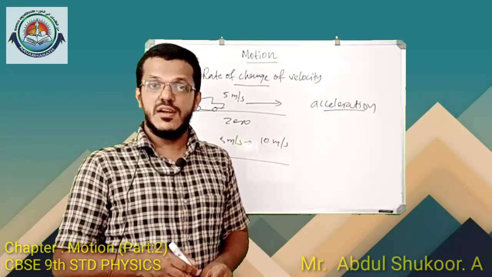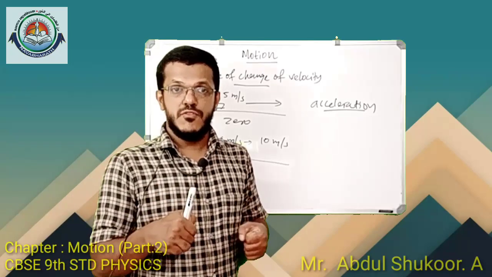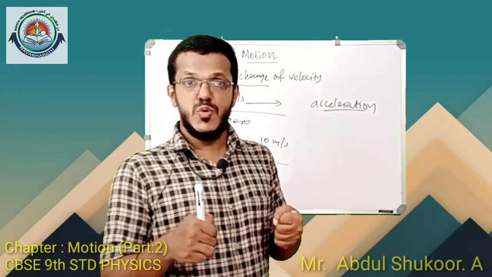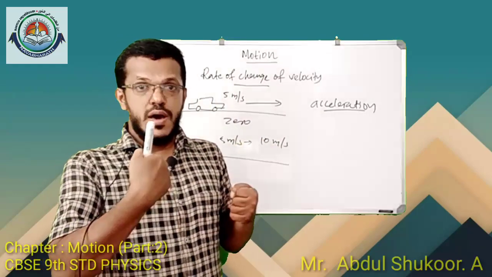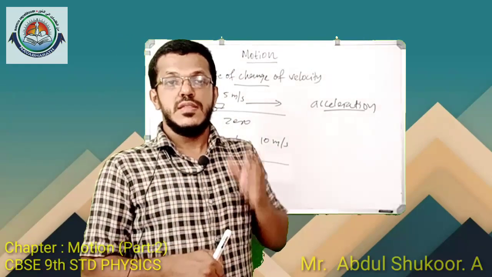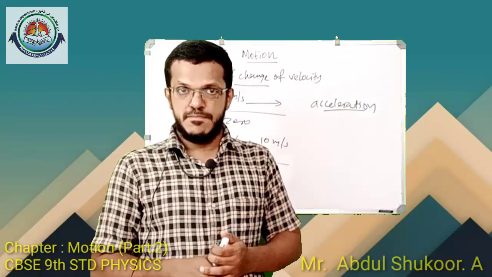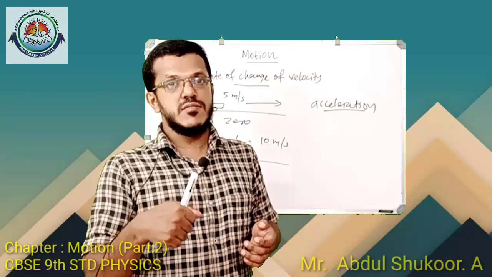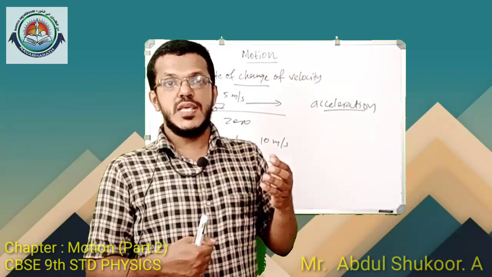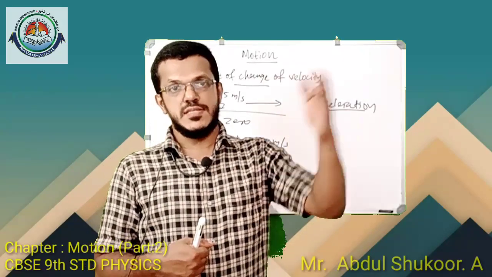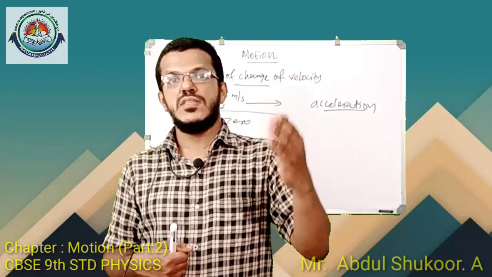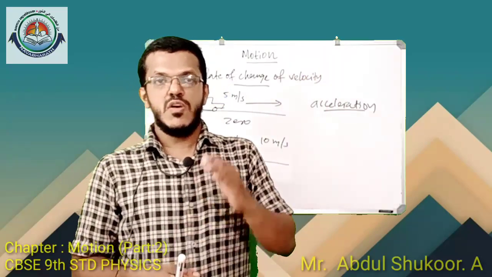We know that in our vehicles there is an accelerator. For what purpose is that accelerator used? Because if you apply the accelerator, then the velocity changes. If you increase the accelerator, the velocity increases.